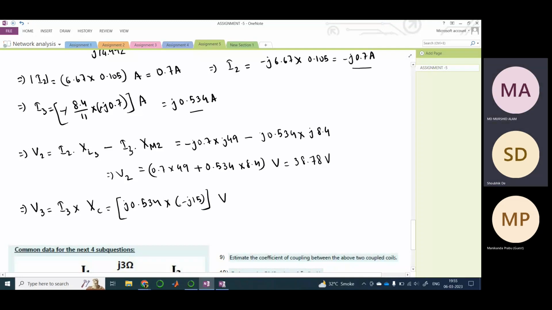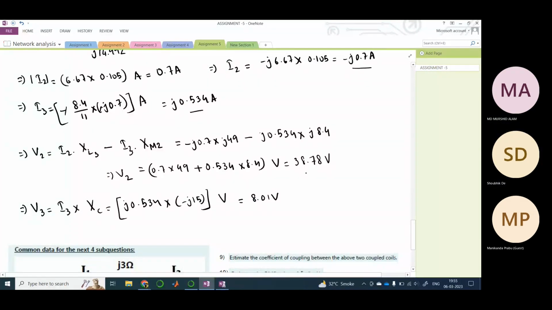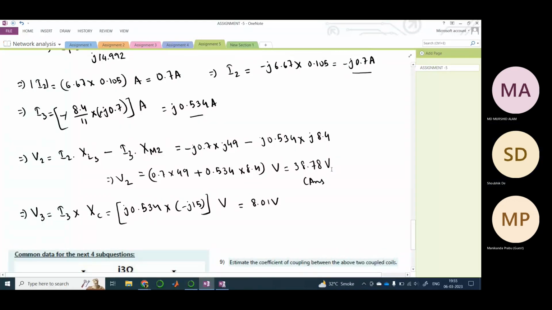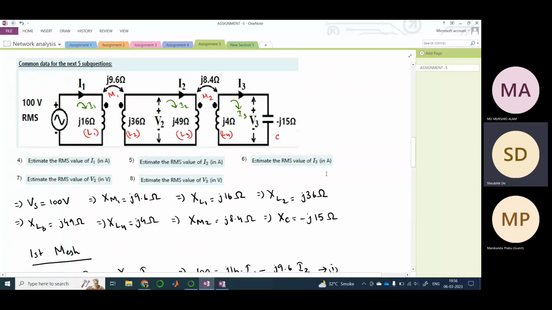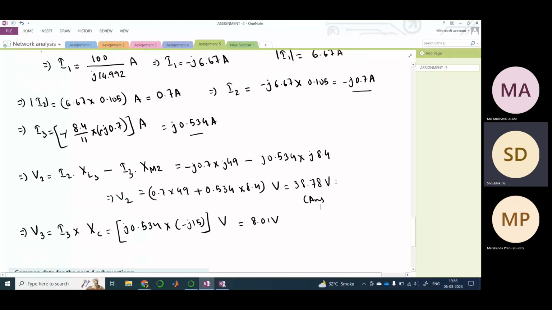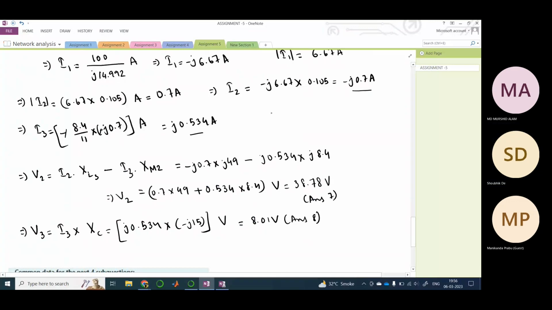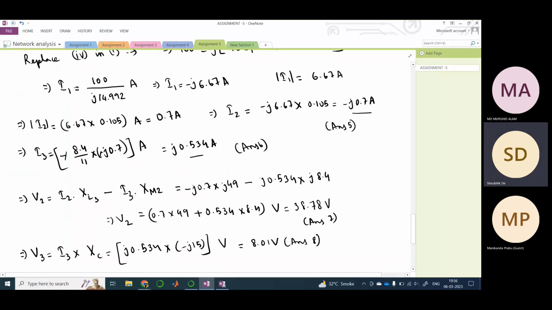Again, minus and minus will become plus. So how much is 15 into 0.534? Half of it, right? Slightly more than 8, around 8.01. Okay. So this is the answer to what we had: this is answer 7, this is answer 8, this is answer 6, this is answer 5.